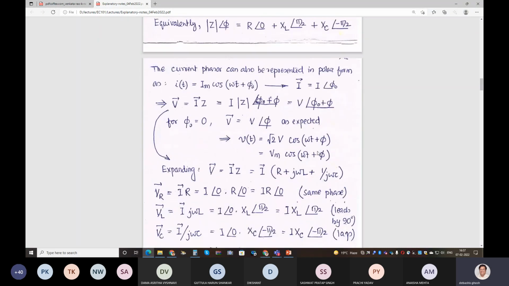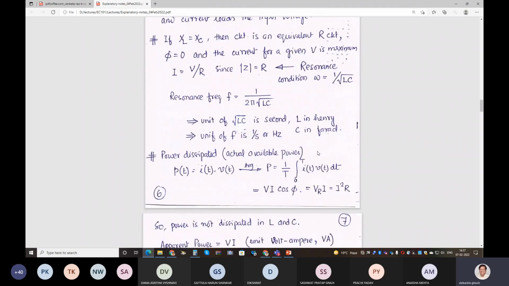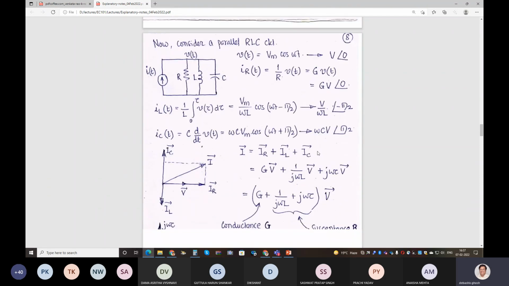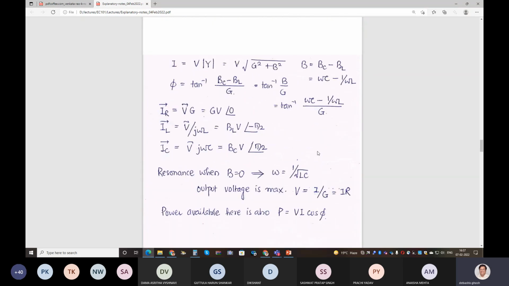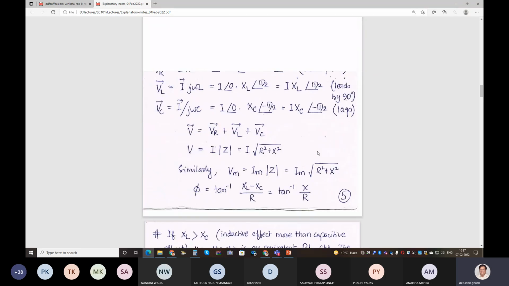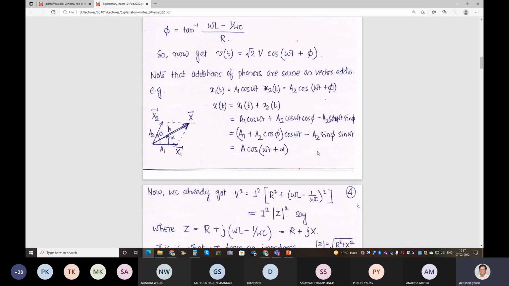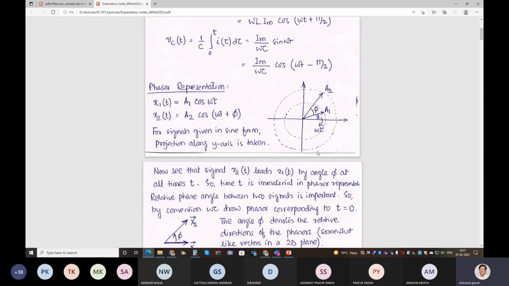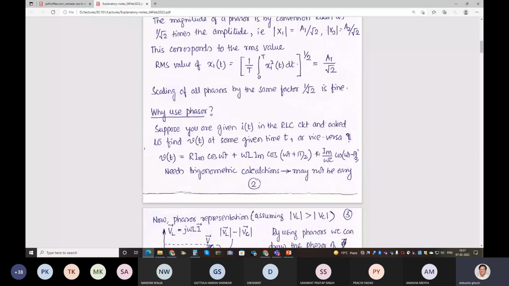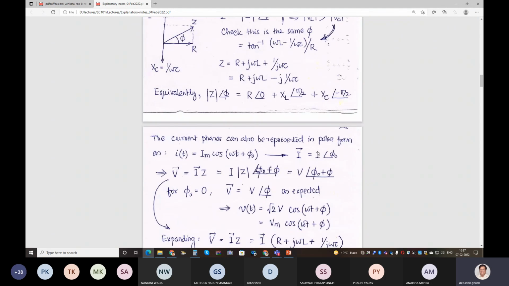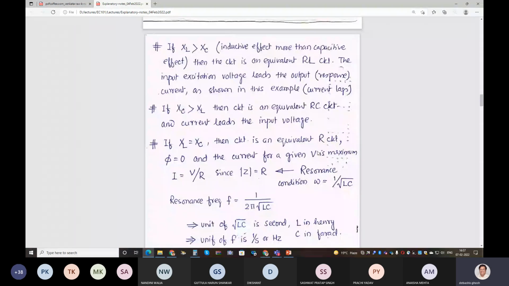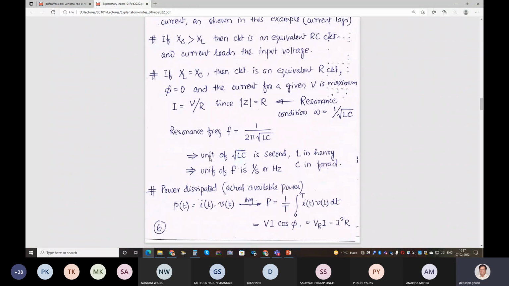Let me check where I have written it. Here, you see the unit of root over LC is second.